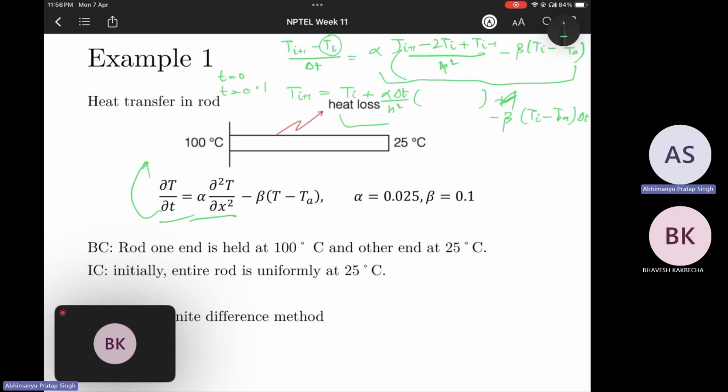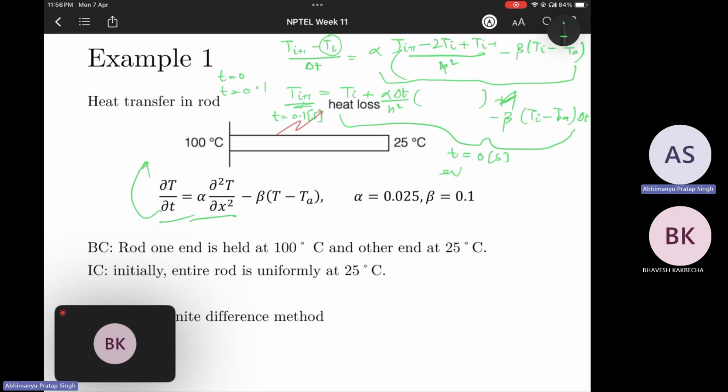So now all the T terms which are on this side belong to t equal to 0 seconds, and this T_i+1 belongs to t equal to 0.1 second, right? So this is forward in time, and these all belong to an earlier time step.